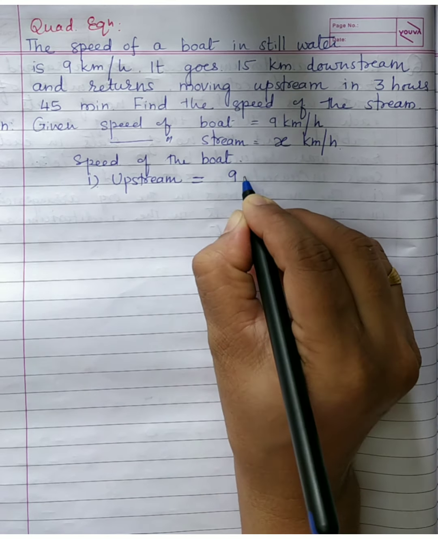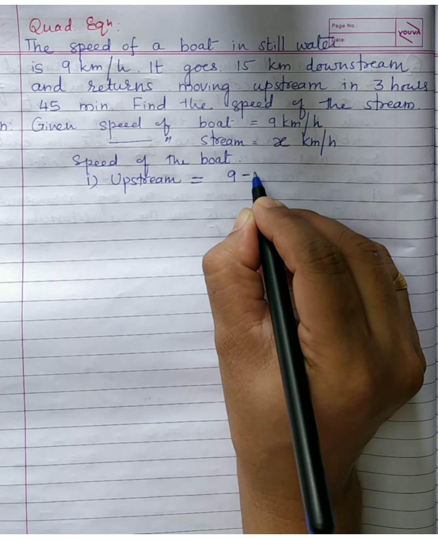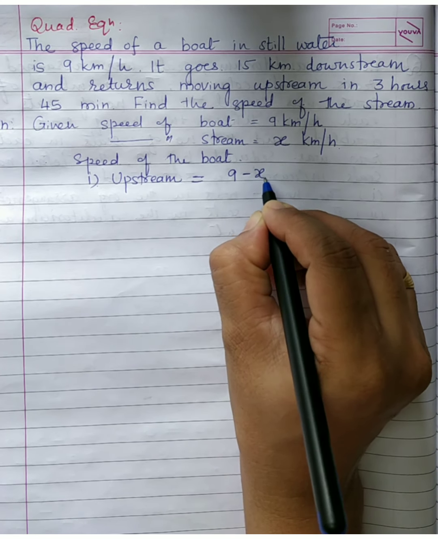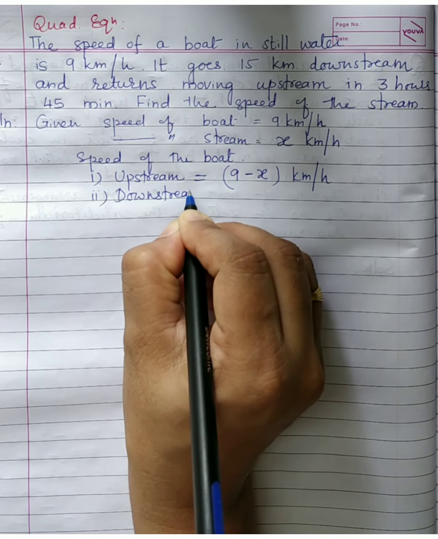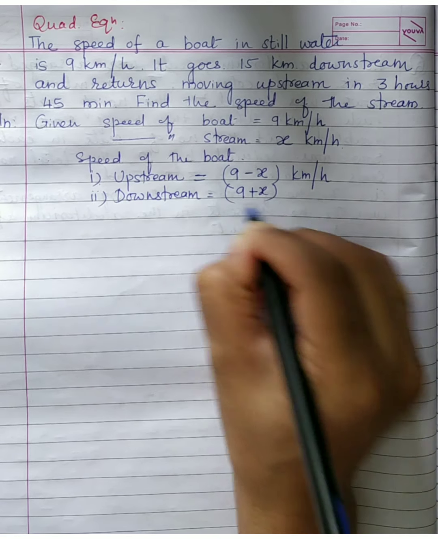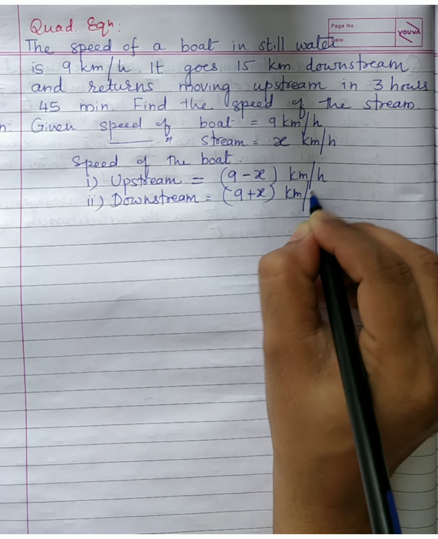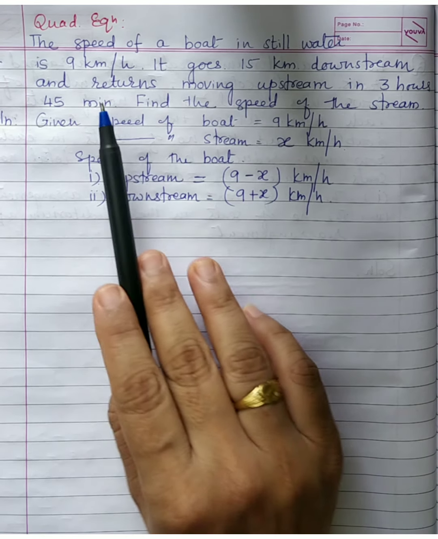Speed of boat is 9, and as it is coming upwards in the opposite direction of water, it would reduce by the speed of water. So 9 minus x kilometer per hour. And the opposite thing will happen when the boat moves downstream. It will increase. What will it become? 9 plus x. Assumption part is over. Now let's go for framing the equation.